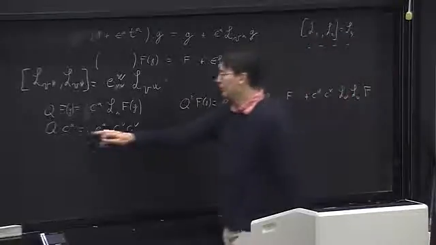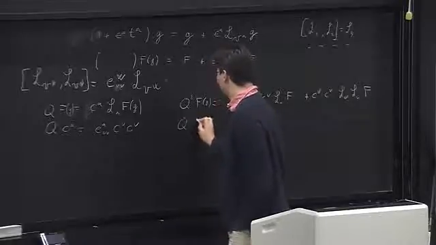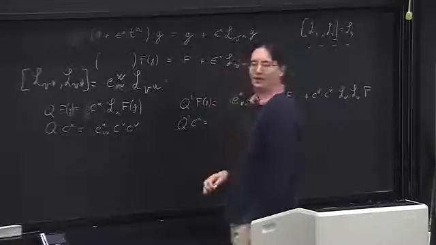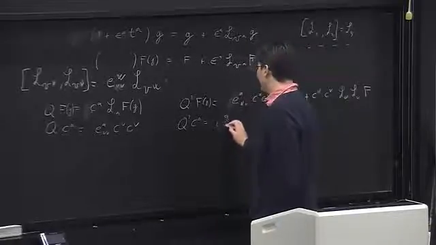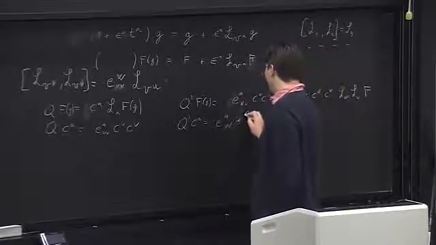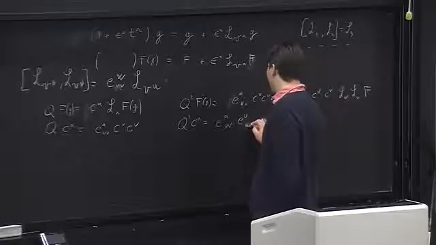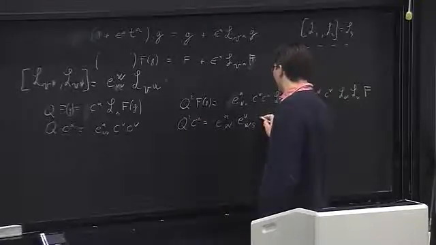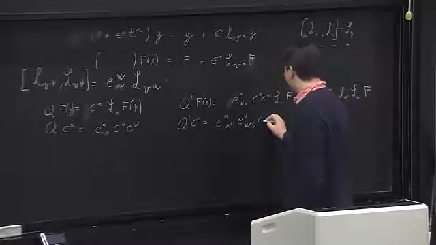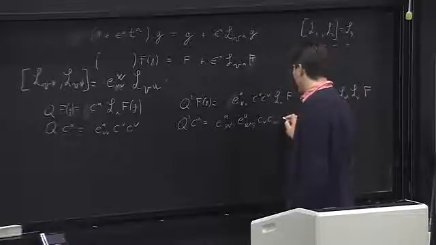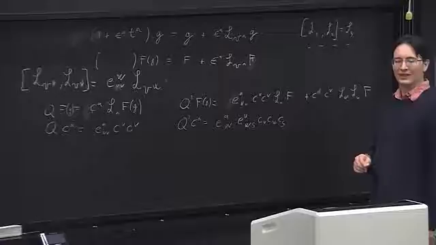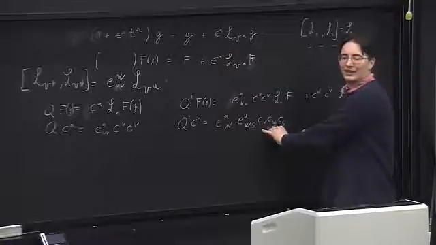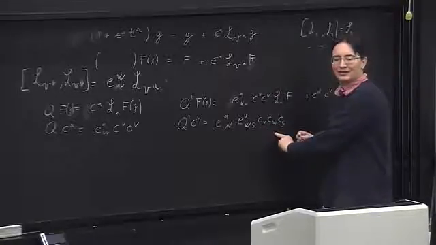And if you look at Q squared of c, you need to act with Q on this. You get something like f^a_{uv} f^u_{ws} c^v c^w c^s. Now, this is totally antisymmetric in v, w, s.